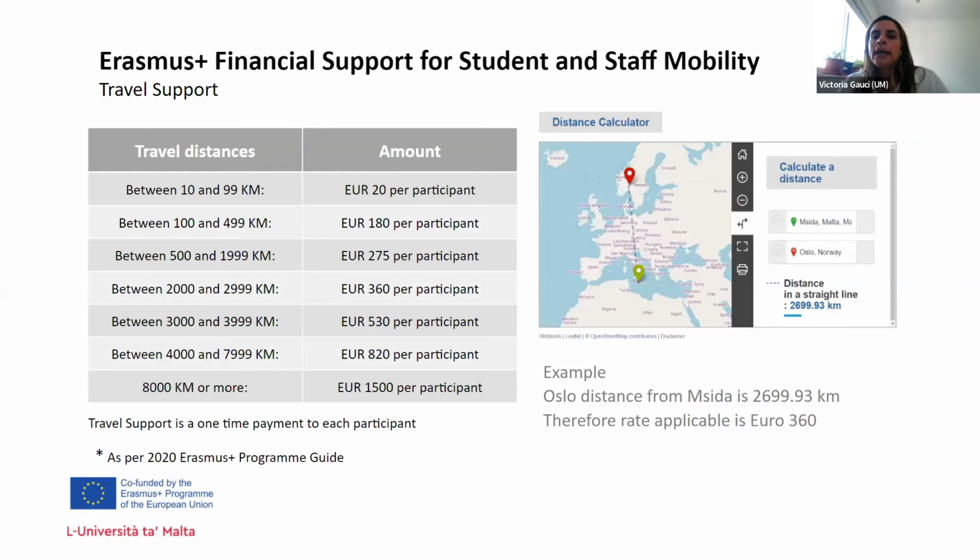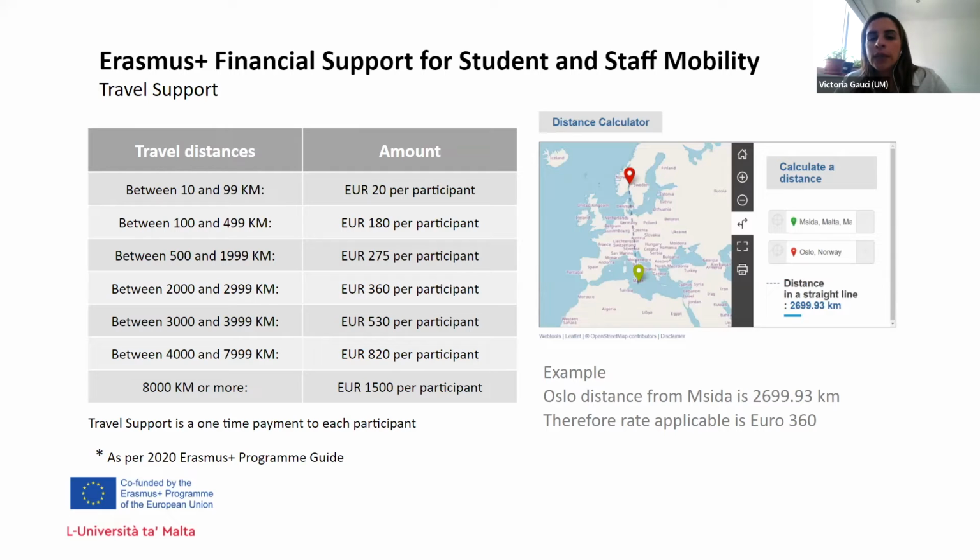I have amalgamated the information with regards to the funding because much of it is very similar to both students and staff. The financial support provided is split into elements, the first of which is travel support. And travel support is allocated depending on the distance between point A and point B in kilometers, which is then equated into a respective amount.